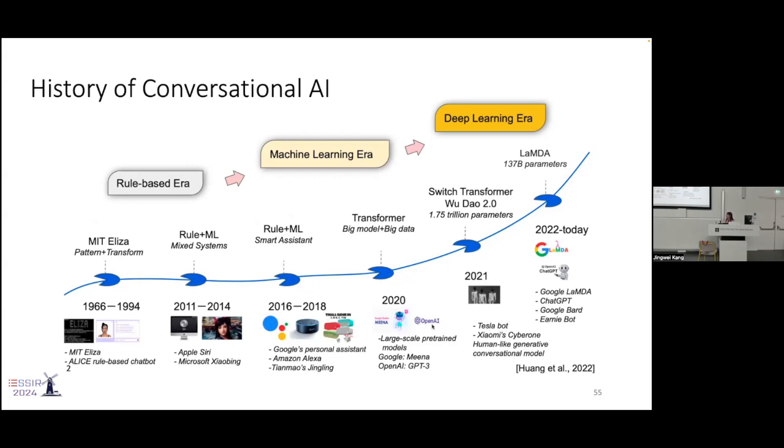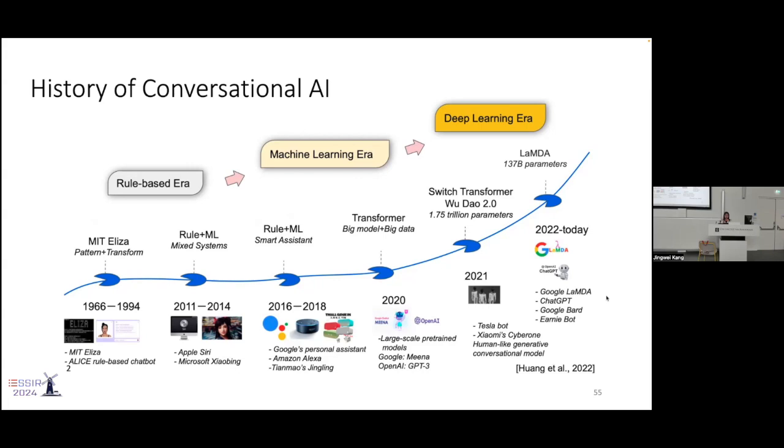And after the success of transformers, it moved into the transformer era, which always involves a larger model with a larger amount of data. After the success and release of these large language models, we moved into the deep learning era. In 2021, we had a specific chatbot based on the transformer with 1.75 trillion parameters.